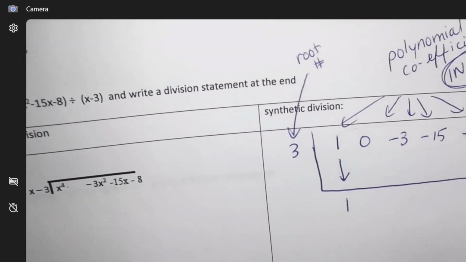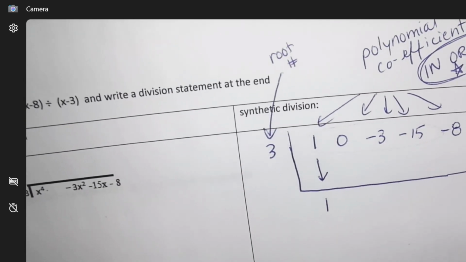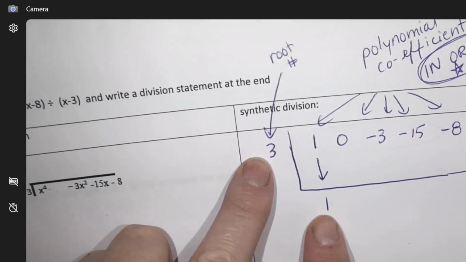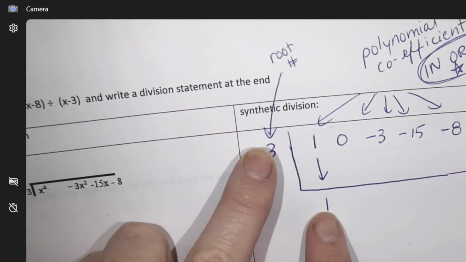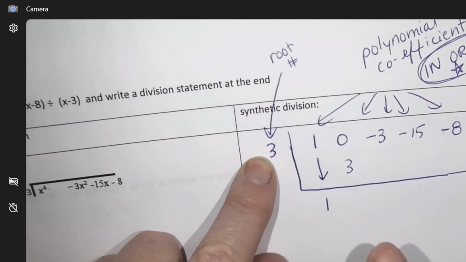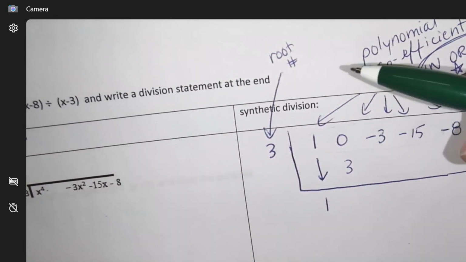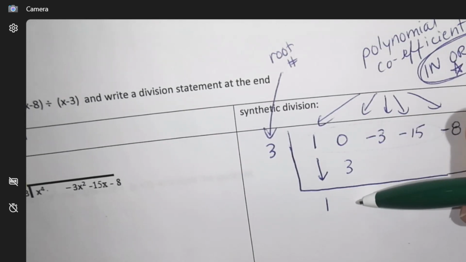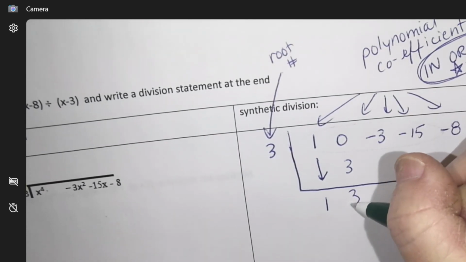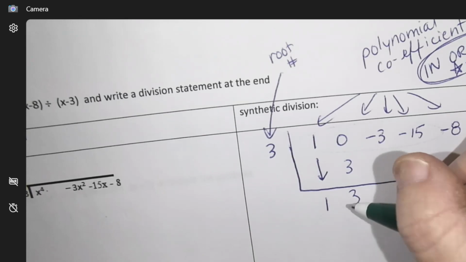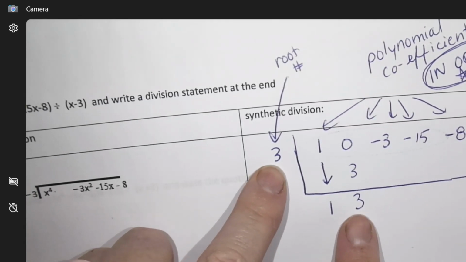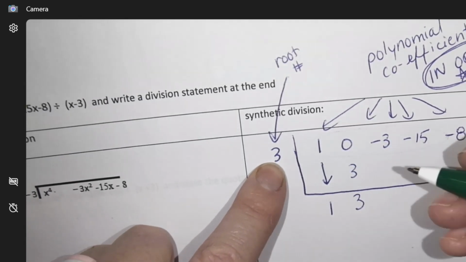Bring that number down. Times, so 3 times 1 is 3. Add, so you get 3. And then repeat. Here we go. 3 times 3 is 9.